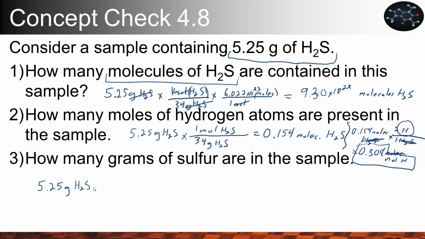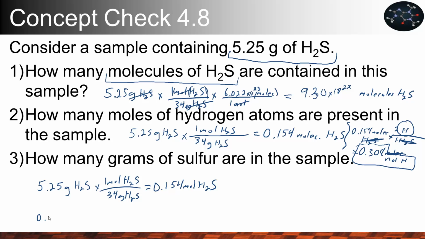So 5.25 grams, 1 mole of hydrogen sulfide for every 34 grams of hydrogen sulfide. Lo and behold, it's still 0.154 moles of hydrogen sulfide.